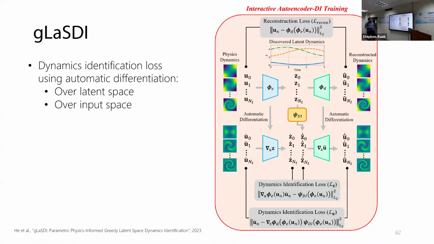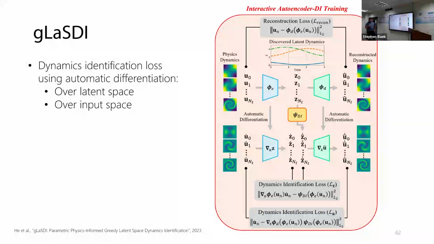And then from that z dot, we have the Jacobian of the decoder, from the automatic differentiation. That Jacobian of the decoder is going to take the z dot and reconstruct the velocity field, okay? And then there we have different loss terms.